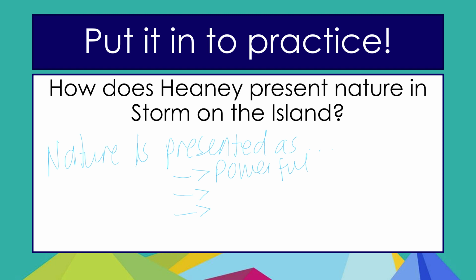If you're saying that he presents it as powerful, how do you know that? How can you prove that? And then why? Why does he present it as powerful? This is his key message here, okay? The how is his craft, and the why is the point of it.